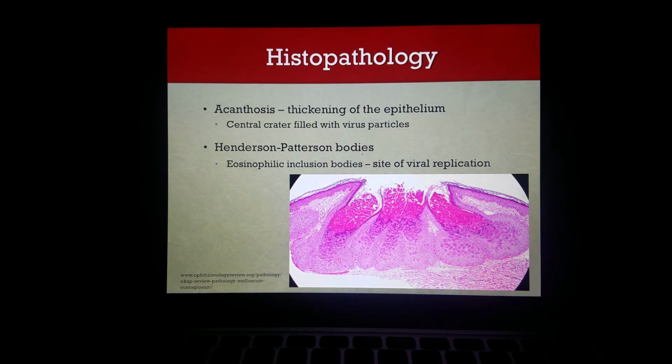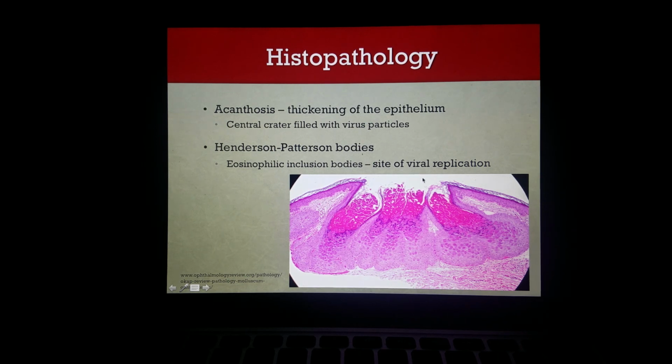Some of the histology: the acanthosis, which is the thickening of the skin cells along the outer level, with that central crater filled with the virus. That actually you can see in here with what are called Henderson-Patterson bodies, which are the inclusion bodies, which is where the virus replicates. So this is all virus right in here in the opening, with the little crater right here on the skin.